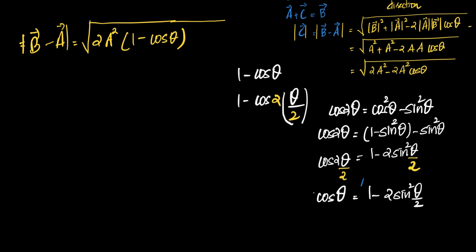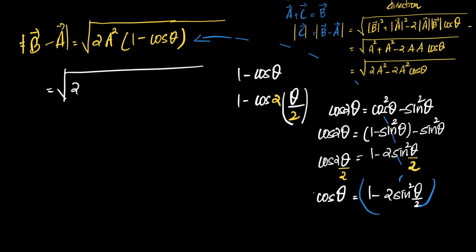And we will now take this expansion into here. So what do we get? We get that mod of B minus A is equal to root of 2A square into 1 minus cos theta, where cos theta would be 1 minus 2 sin square theta by 2.